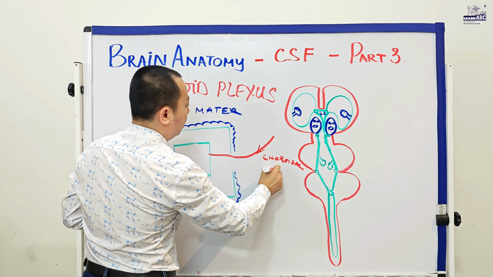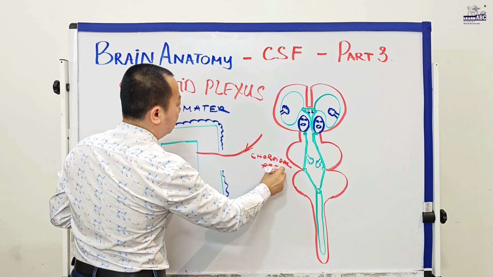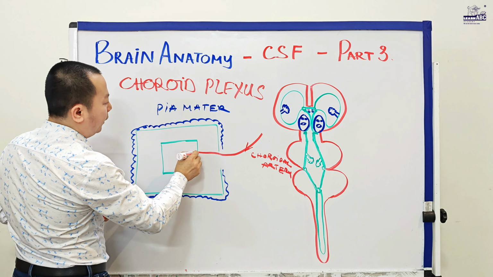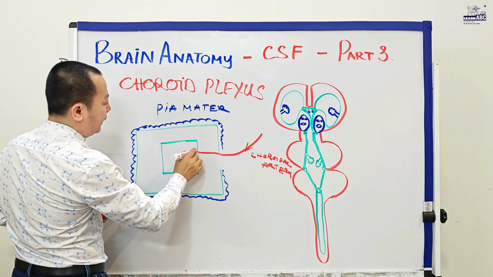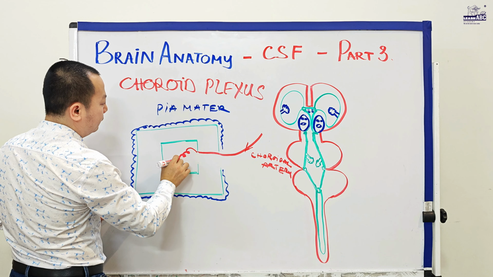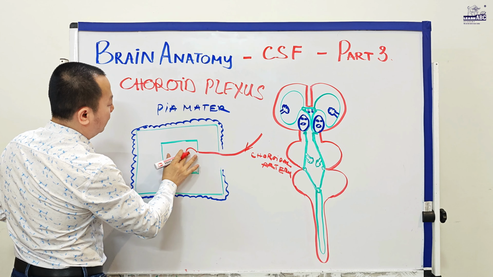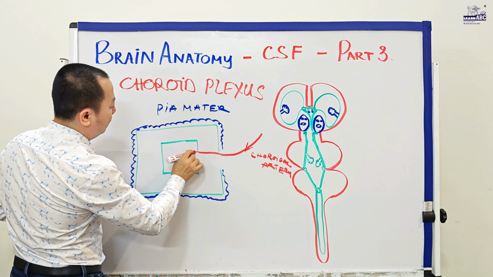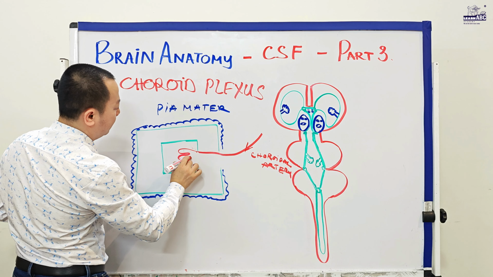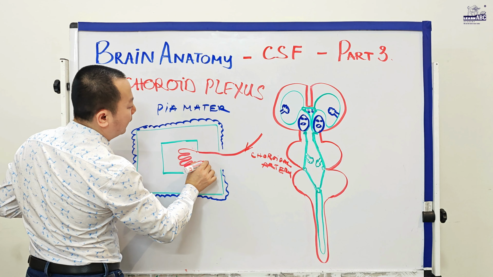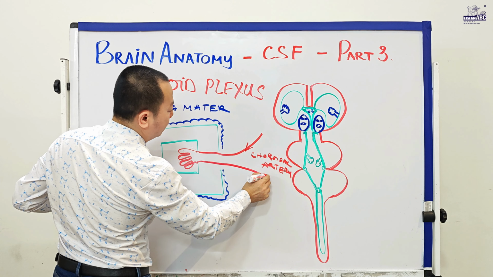When the choroidal artery goes inside this cavity, it makes the capillaries. We make the capillaries like this, right? And then after that, the blood will go out.